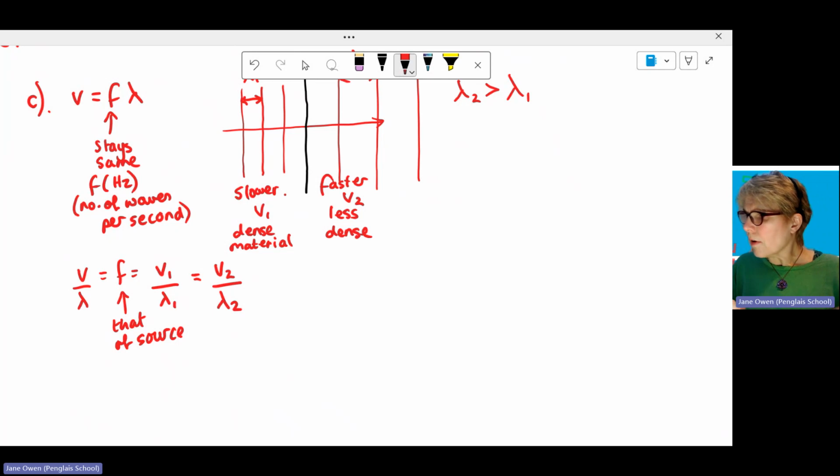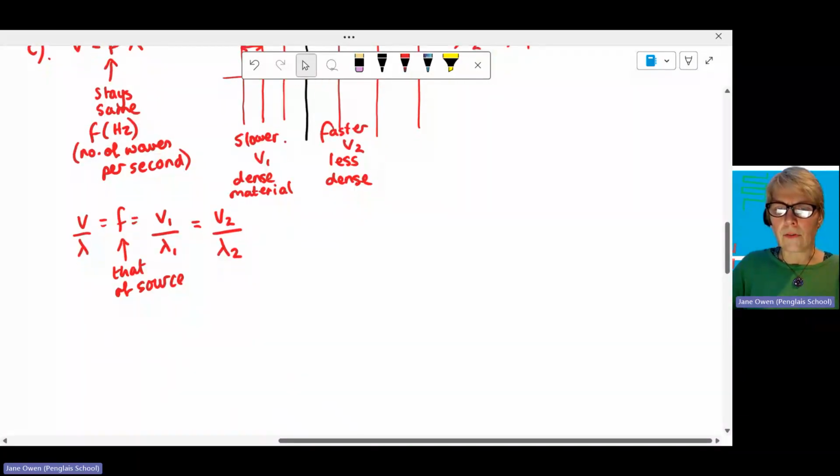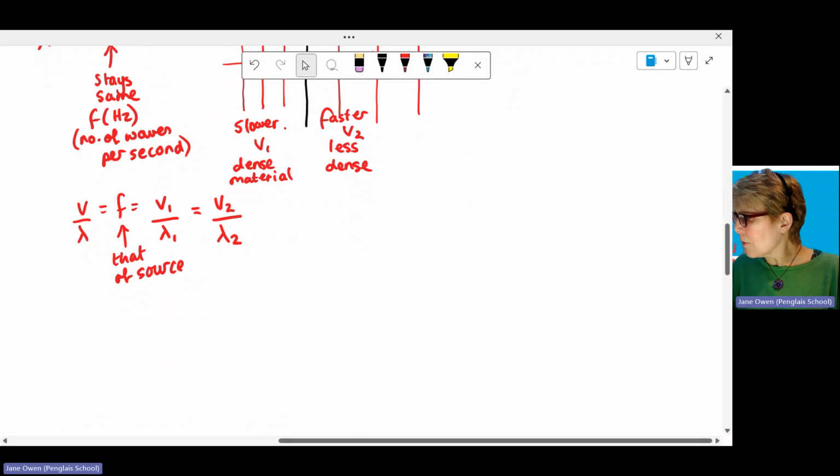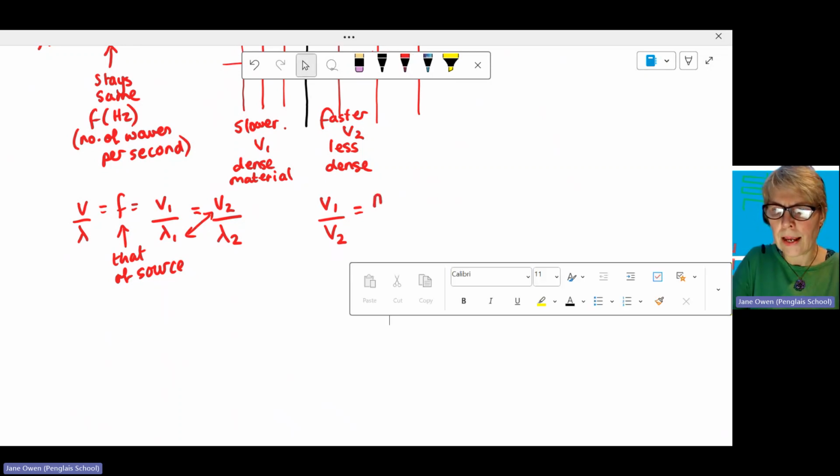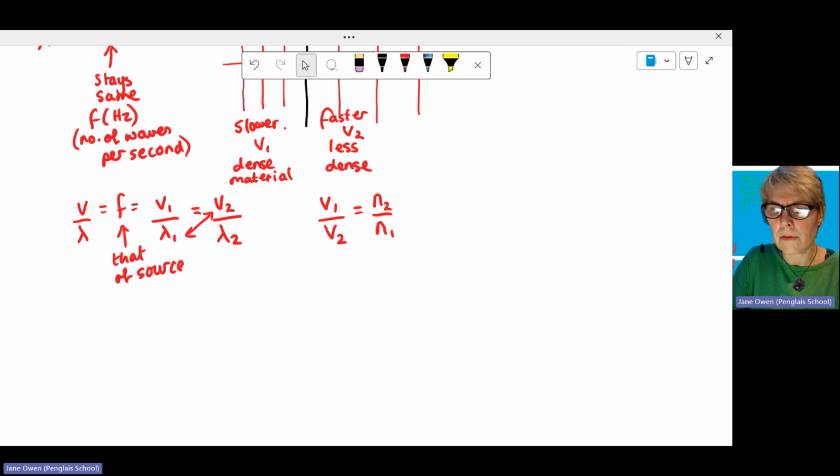Okay, so now what we've got is, we can rearrange it and just swap these over. v1 over v2 is not just the reciprocal of the refractive indices, i.e. n2 over n1, but it's also equal to lambda 1 over lambda 2.